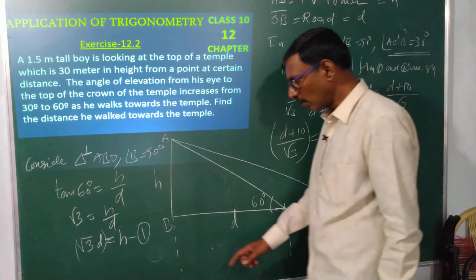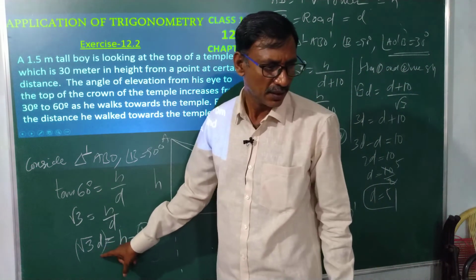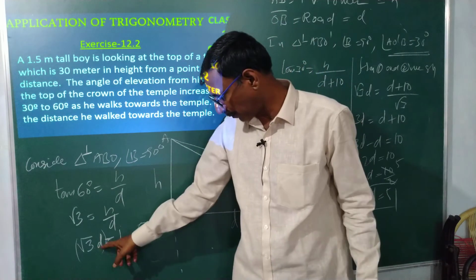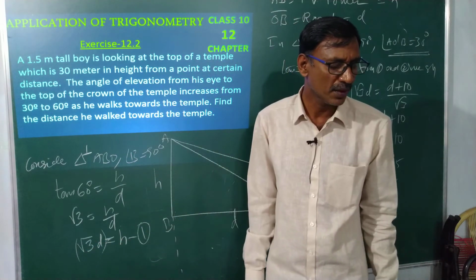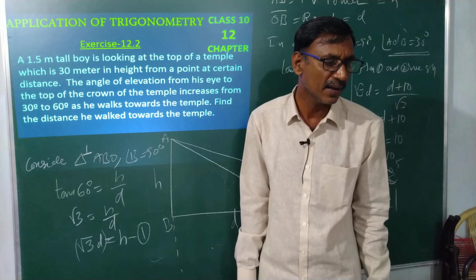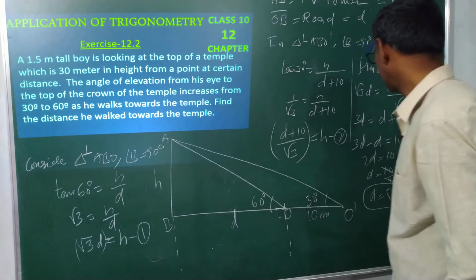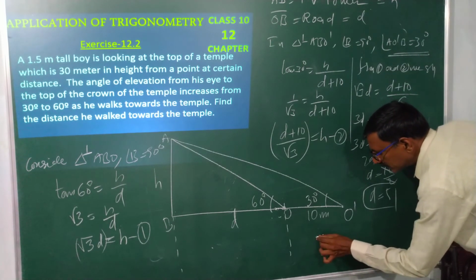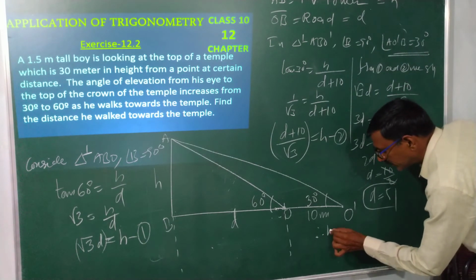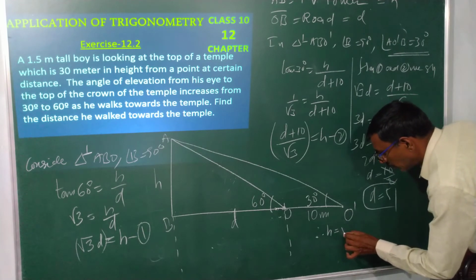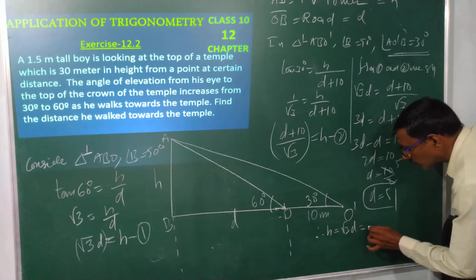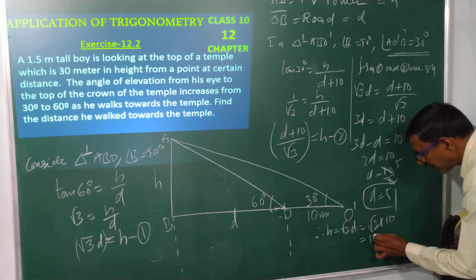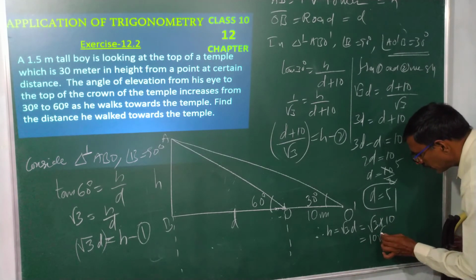Now we can find the height of the tower. See here, I know the d value. The d value is how much? 5 meters. So 5 into root 3, that is 5 root 3, is the height of the tower. h is equal to root 3 into d, that is root 3 into 5.